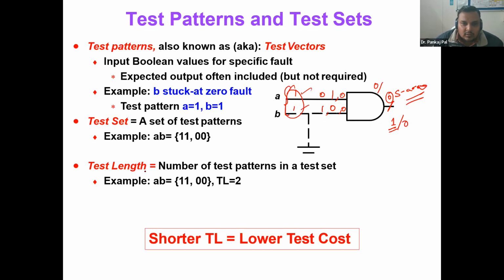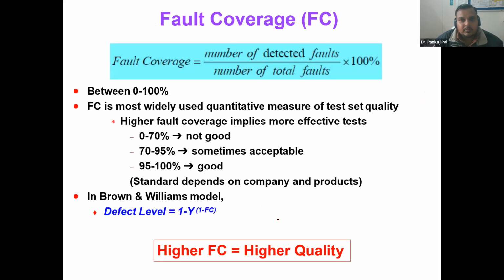Test length means how many test vectors you are going to apply for finding these faults. The shorter the test length, the lower the test cost. So always you have to use fewer test vectors so that you can identify your fault and diagnose it. This is how we can define it based on fault coverage.